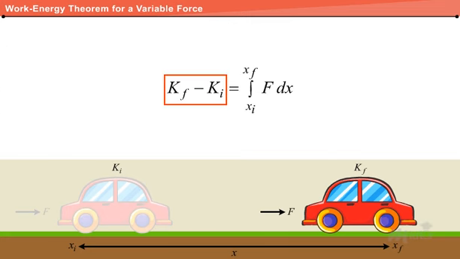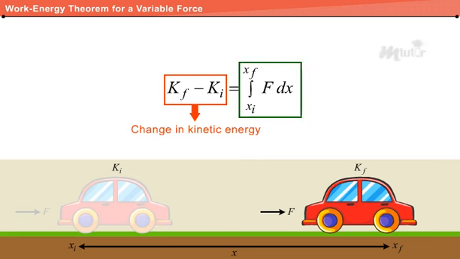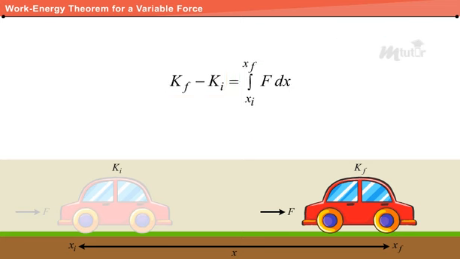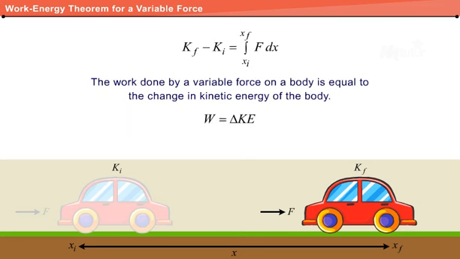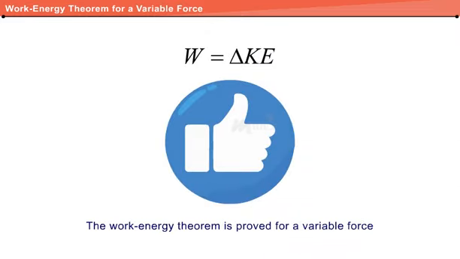The left side of the equation indicates the change in kinetic energy, and the right side indicates the work done on the body by the variable force. Thus, we see that the work done by a variable force on a body is equal to the change in kinetic energy of the body. Thus, the work-energy theorem is proved for a variable force.